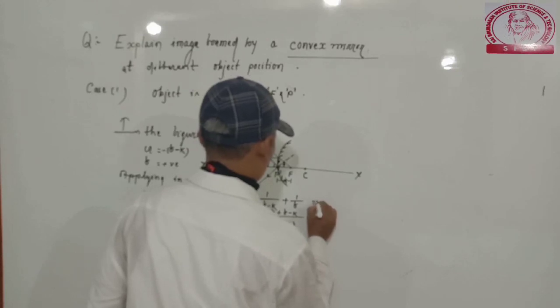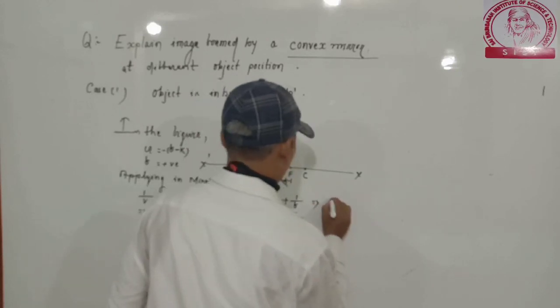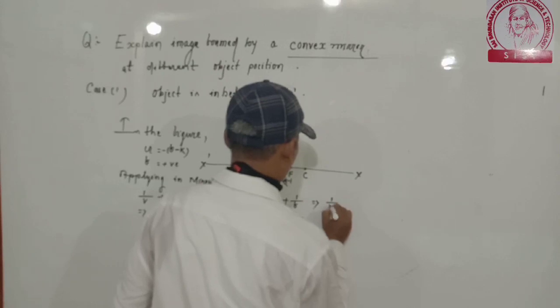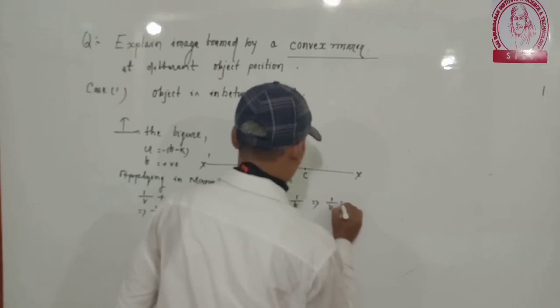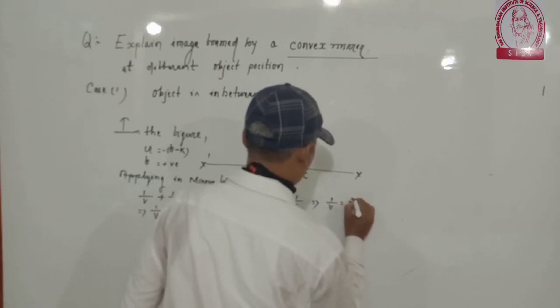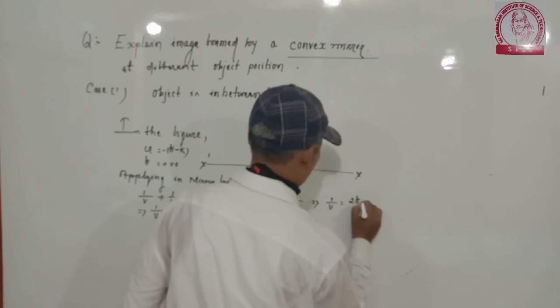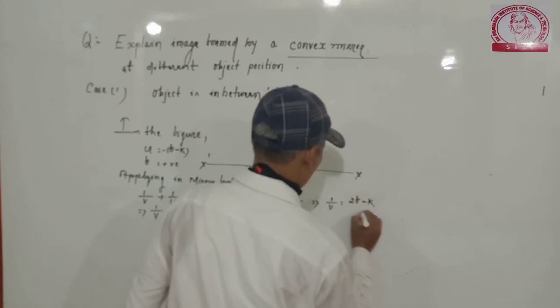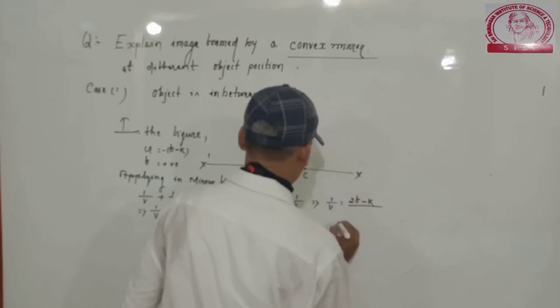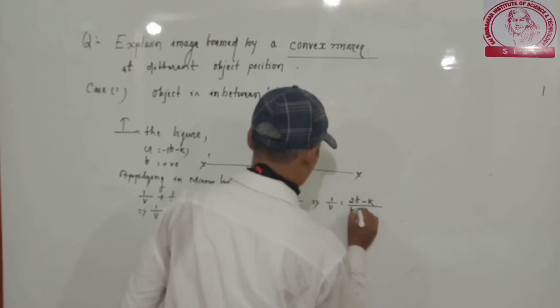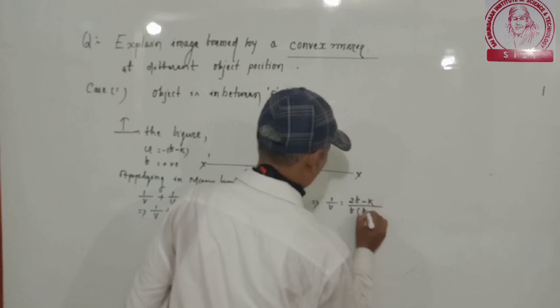Implies 1 by v is equal to (2f minus k) whole divided by f into (f minus k).